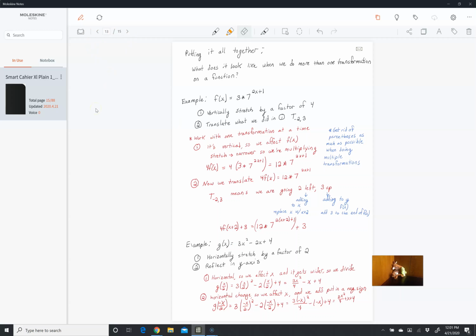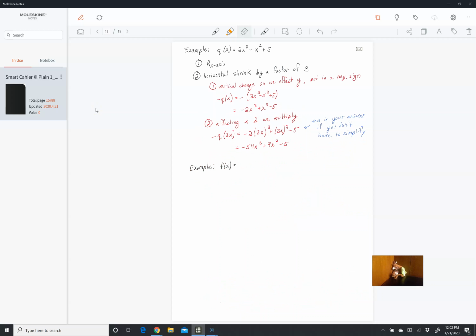So let's take f of x. Well, we could go back to f of x. F of x is equal to, let's do a reciprocal function, 1 over x squared minus 5. Okay. And let's translate this 3, negative 7.